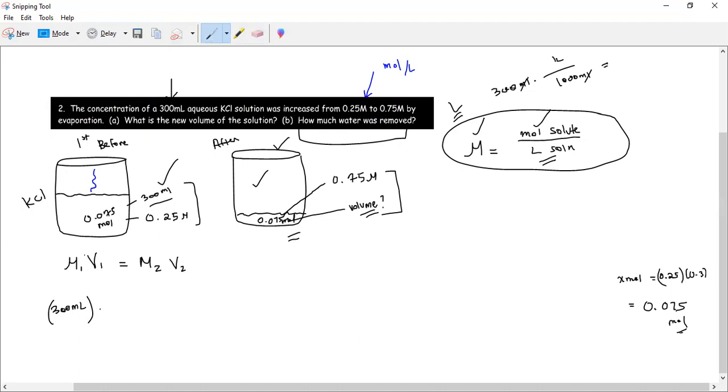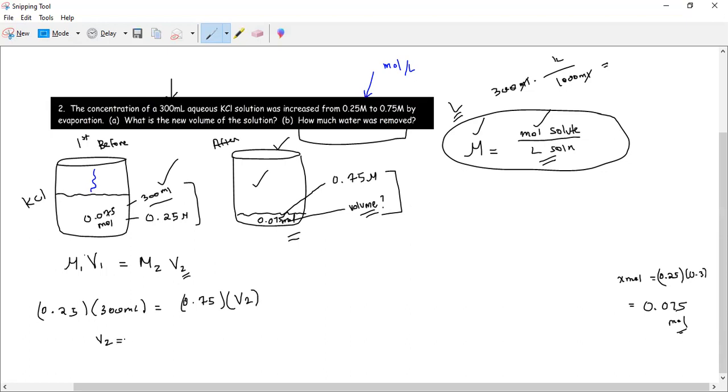So if you have 300 milliliters as the first volume, well, the molarity for the first situation, as we said before, was 0.25 times the volume, which is 300 milliliters, equals the molarity in the second situation, which is 0.75 multiplied by the volume in the second situation, which is what we're trying to find. So we'll leave that as a variable.